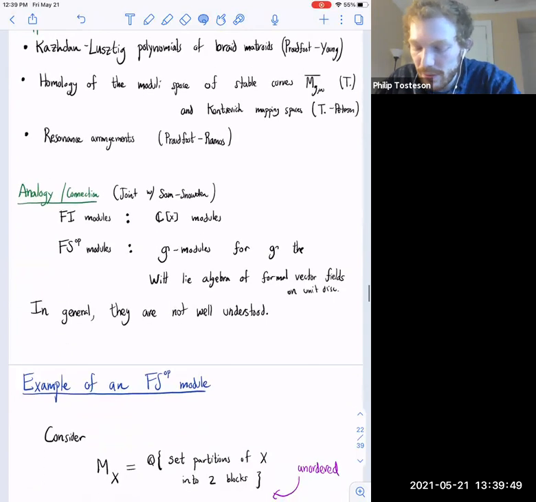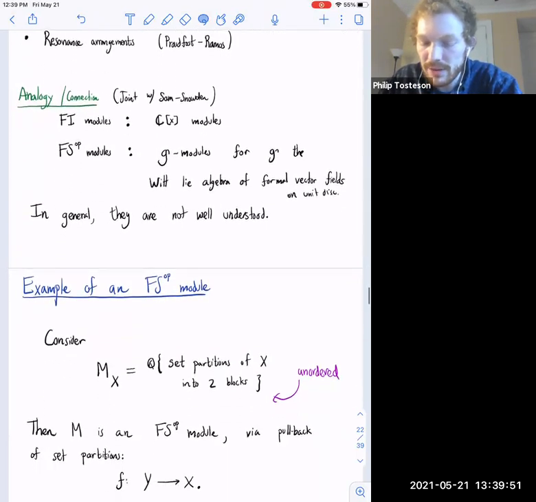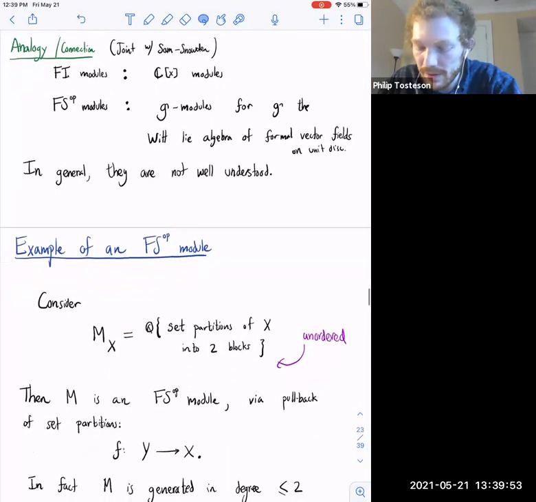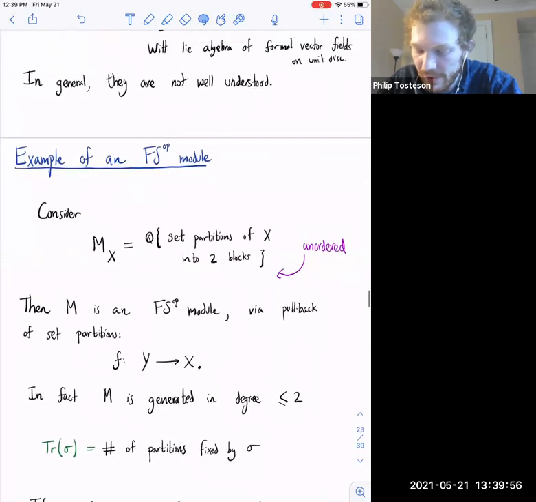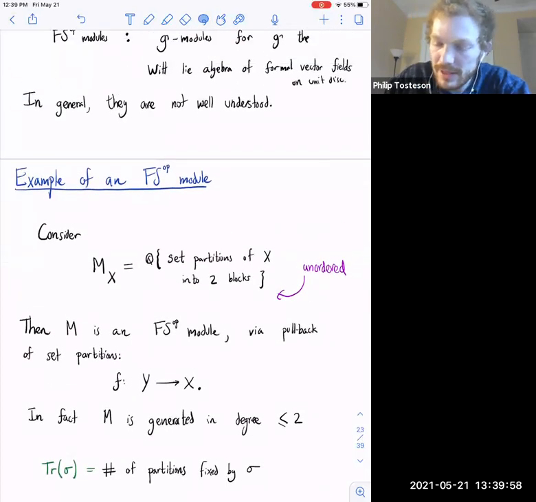Just to give you an example of what sort of phenomena you can expect to get from an FS^op module, I'm going to tell you about a specific FS^op module. This is an FS^op module that you can get by linearizing an FS^op set. This is the module that assigns to X the free vector space on all set partitions of X into two blocks, where the blocks are not ordered.